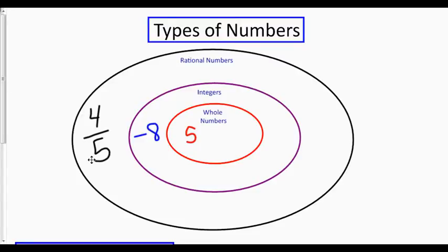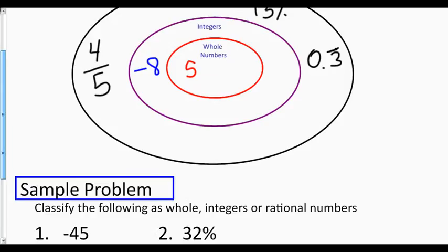It's a fraction, so it's not a whole number or an integer. Other rational numbers could be things like 13%. Decimals are rationals, even if they're repeating decimals, like 0.3 repeating, because I can convert that into a fraction.